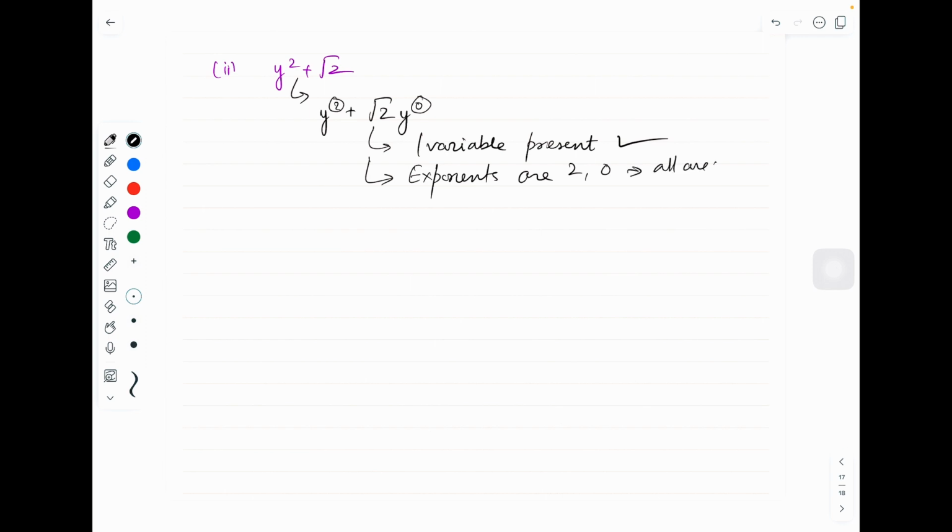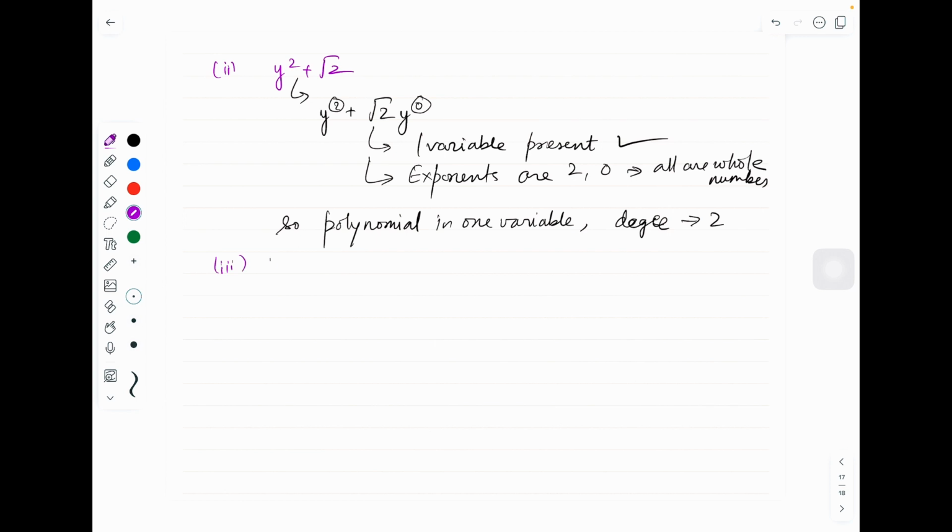All are whole numbers. So polynomial in one variable. And degree is? Maximum of 2 and 0 is 2. So degree is 2. Understood? Degree is not asked. I am only writing for you.